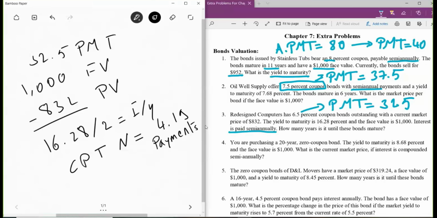In order to find the number of years, I divide 4.19 by 2, and the answer is 2.1 years.